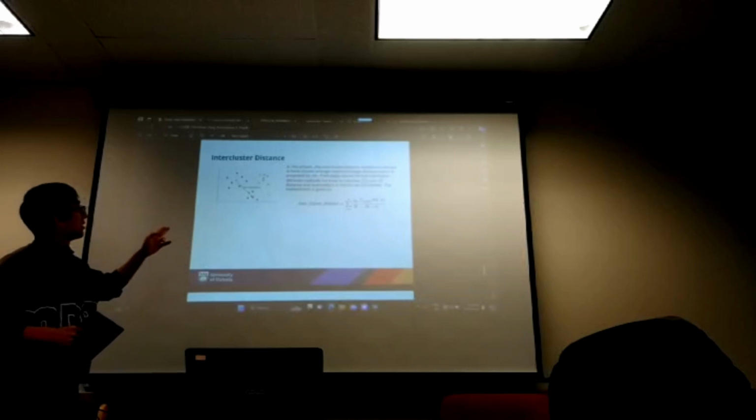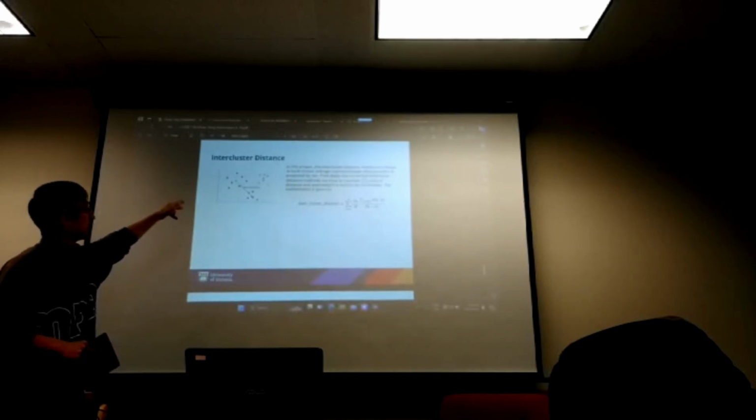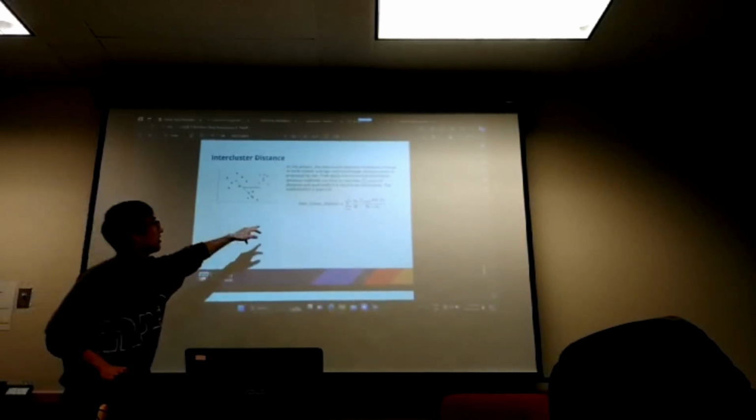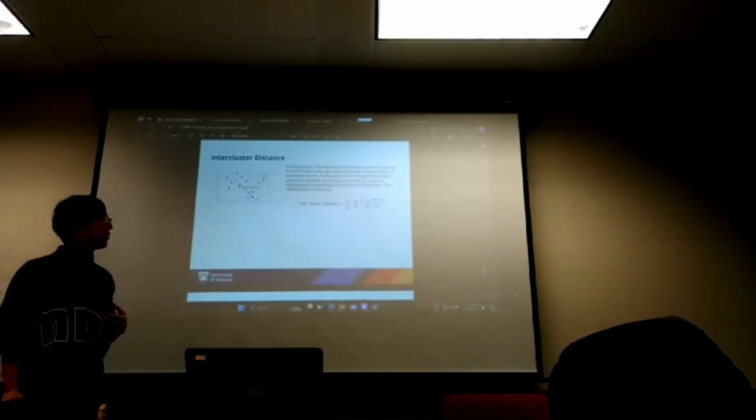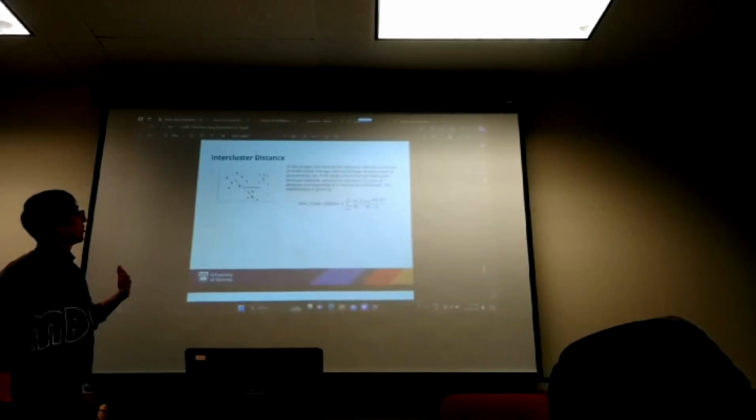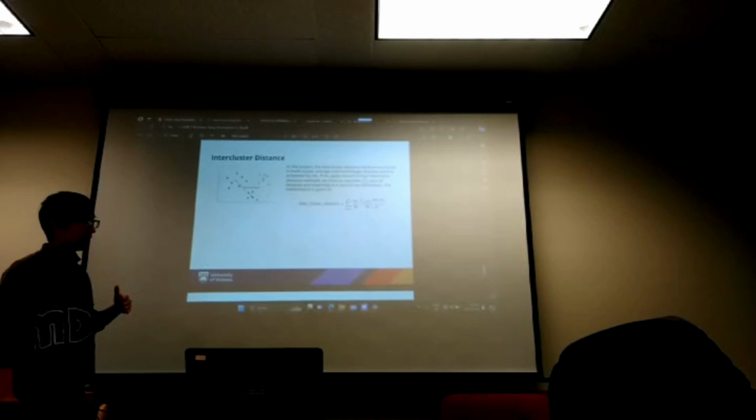And how do we calculate the inter-cluster distance? Actually this formula is proposed by me, because the common way to calculate the inter-cluster distance is too complex and needs too much calculation.